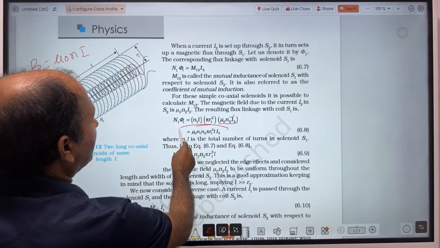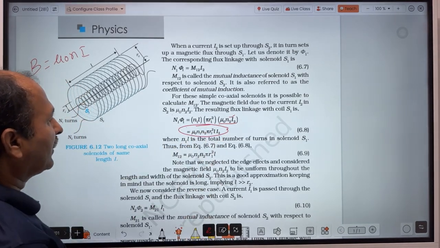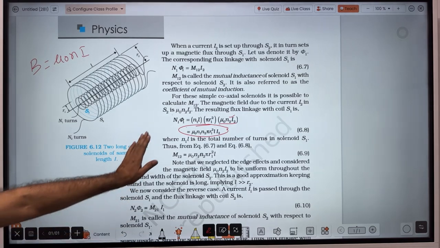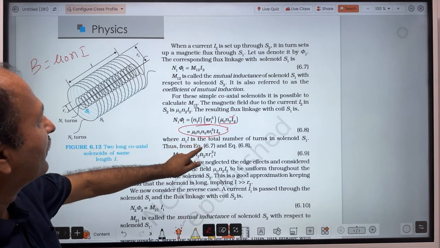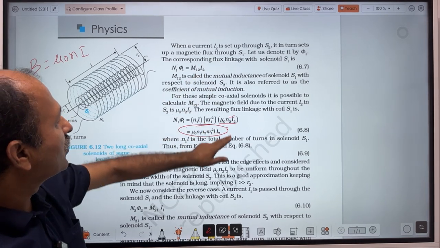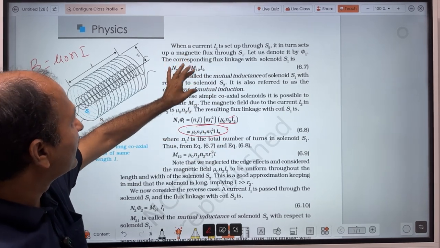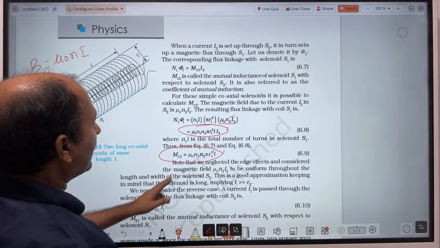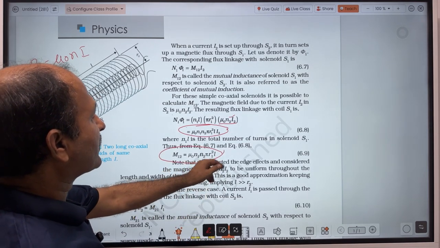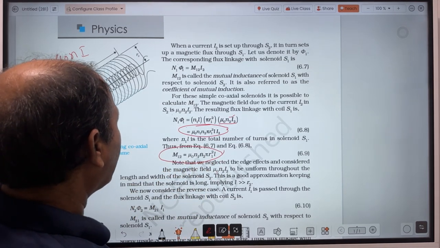We simplify, we get this relation. Now, if we compare this relation and this relation, clearly I2 you can ignore, and the remaining thing will be M12. So we get M12 like this: μ0 N1 N2 πR1² L.